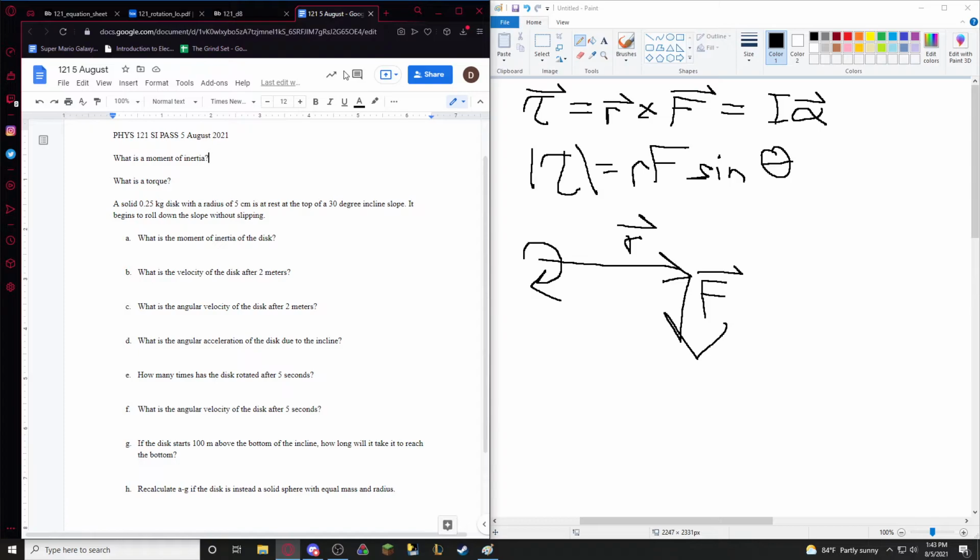The regular velocity and then the angular velocity. To find the regular velocity, well, we know the distance that it travels.